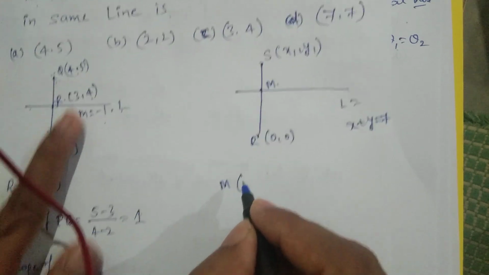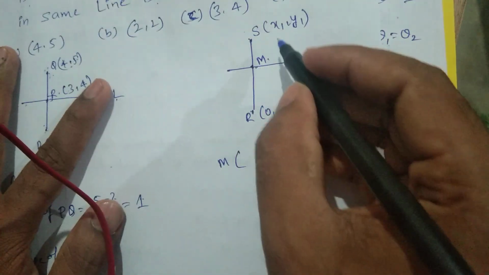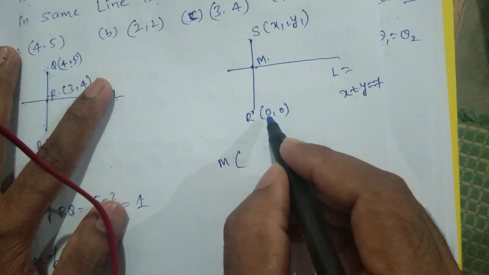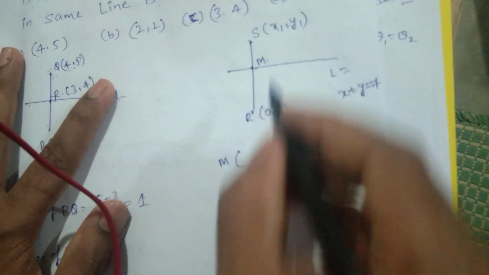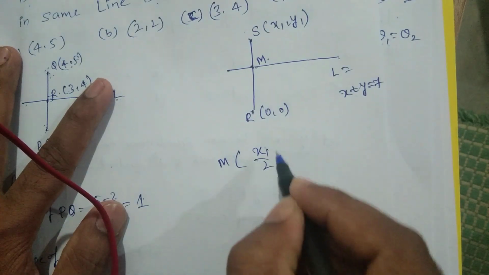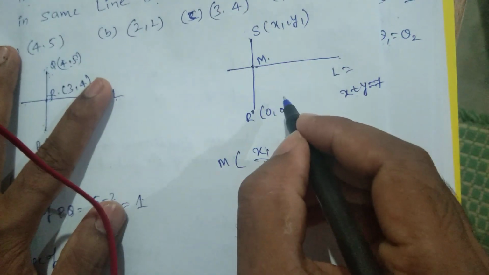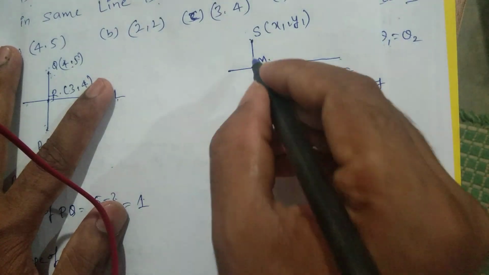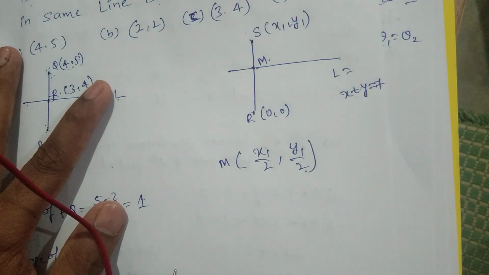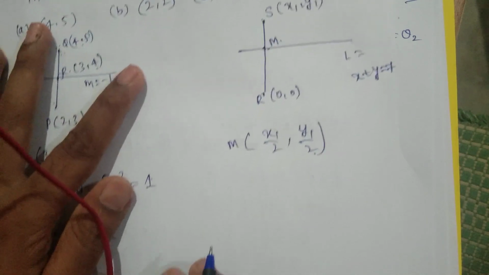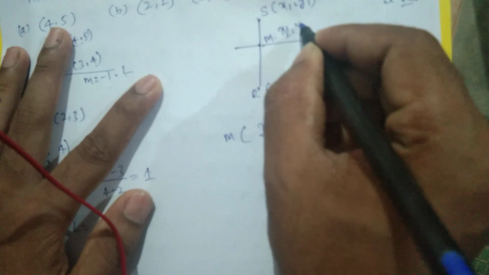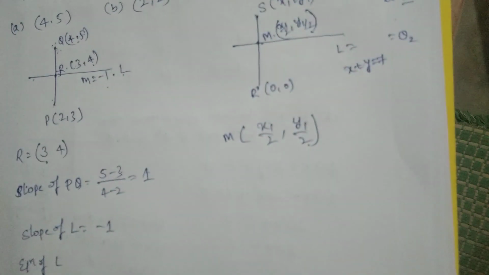M is the midpoint: (x1 plus 0)/2, that is x1 by 2, and (y1 plus 0)/2, that is y1 by 2. That is the point (x1 by 2, y1 by 2).